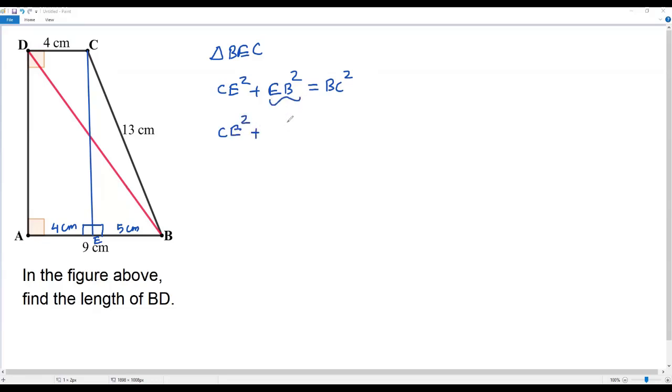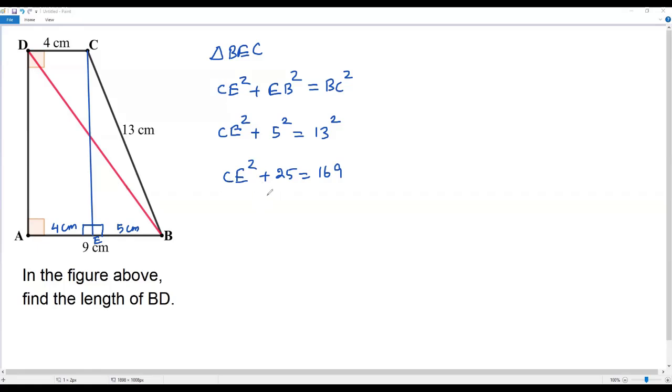For EB, I know the length is 5 centimeter, so I plug in 5 and get 5 square. For BC, I know the length is 13, so I plug in 13 and get 13 square. So CE square plus the evaluation of 5 square, which is 25, equals the evaluation of 13 square, which is 169.